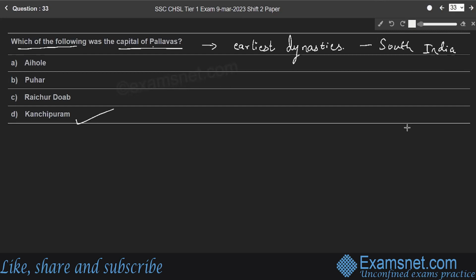Kanchipuram was the capital of the Pallava dynasty. The Pallavas were a powerful dynasty that ruled a large part of southern India from the 3rd to the 9th century. Kanchipuram, also known as Kanchi, is located in the state of Tamil Nadu and is renowned for its temples, silk sarees, and rich cultural heritage.